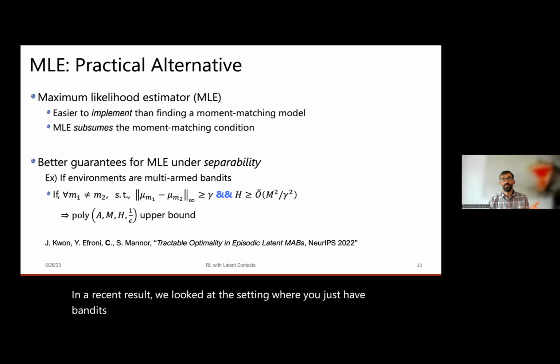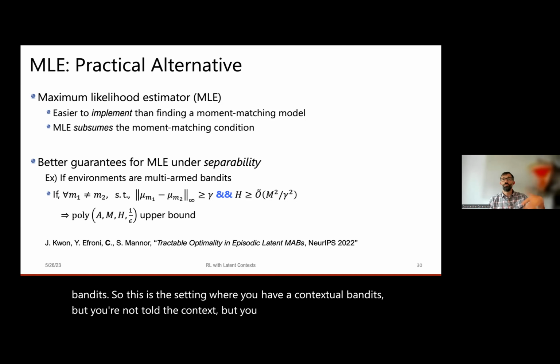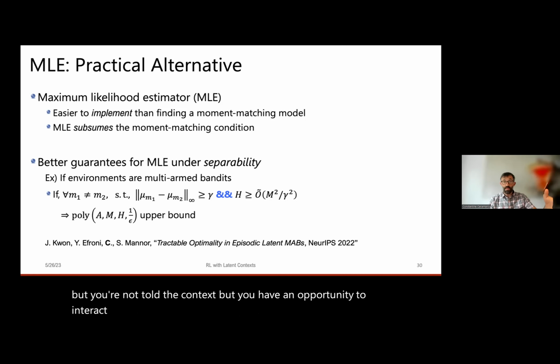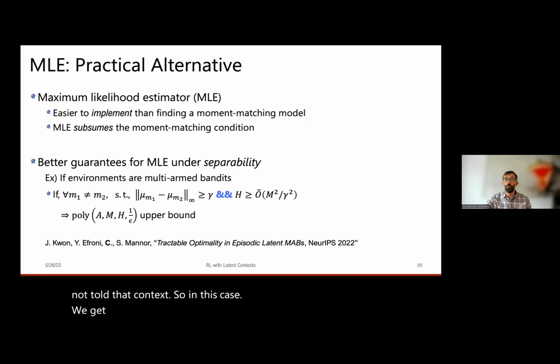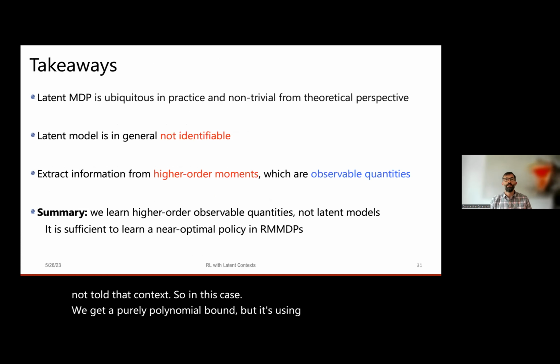This is the setting where you have contextual bandits, but you're not told the context, but you have an opportunity to interact with the same context several times. In this case, we get a purely polynomial bound, but it's using these additional properties.